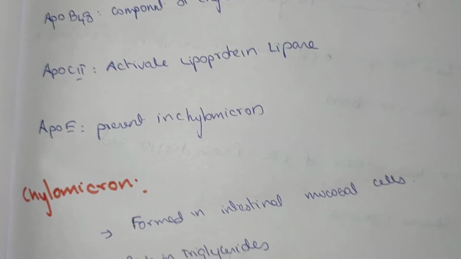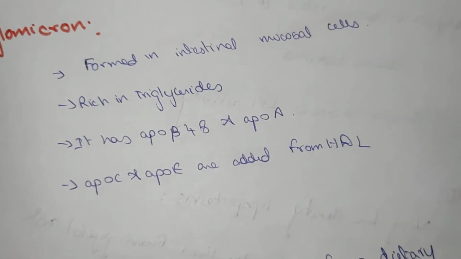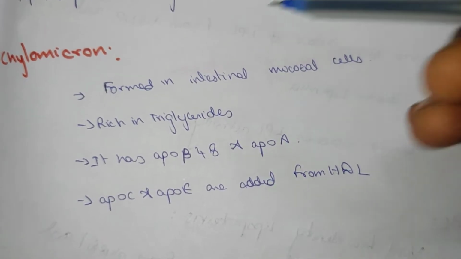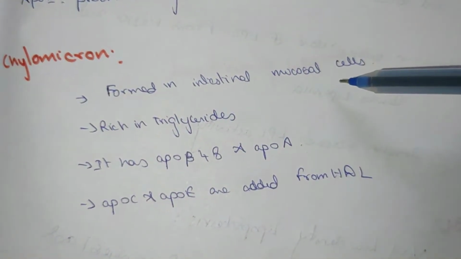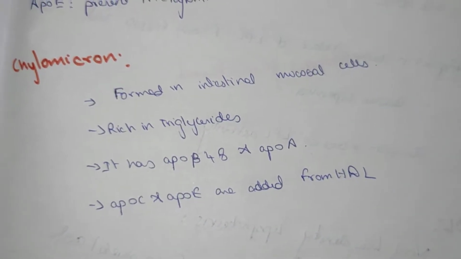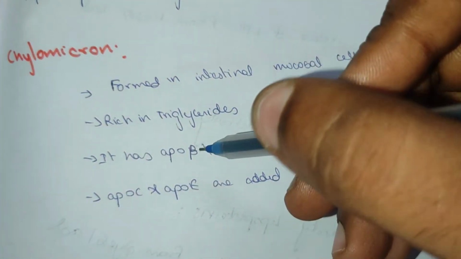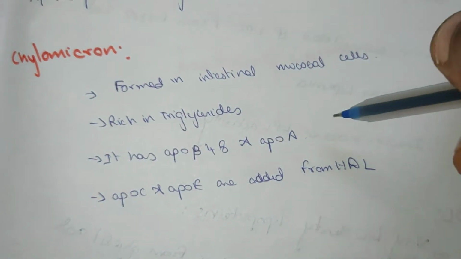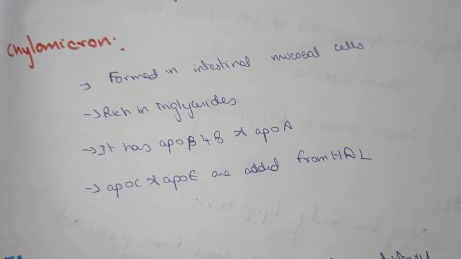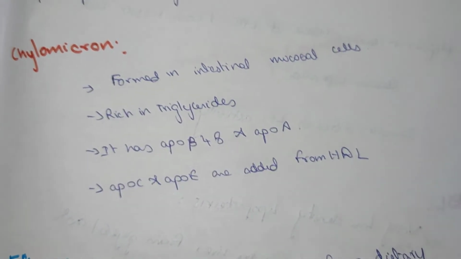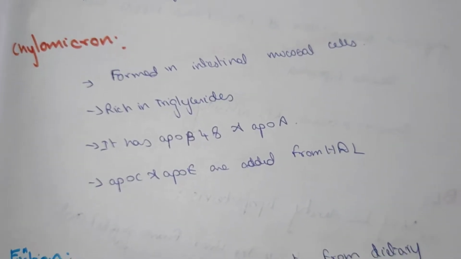Now we will see about the chylomicron. This is the first classification we are seeing in the lipoprotein. It is formed in the intestinal mucosal cells and is rich in triglyceride. It has ApoB48 and ApoA, and ApoC and ApoE are added from HDL, high density lipoprotein.